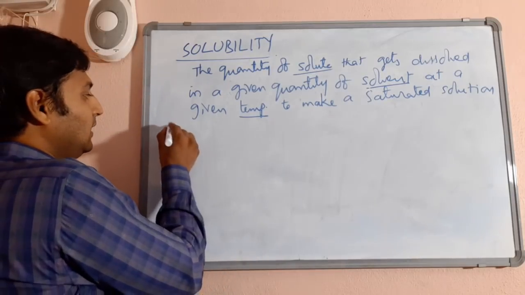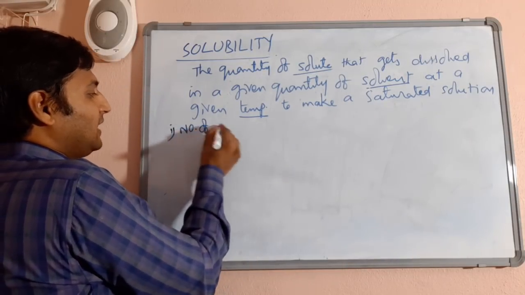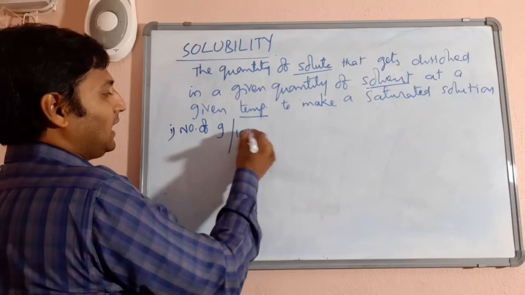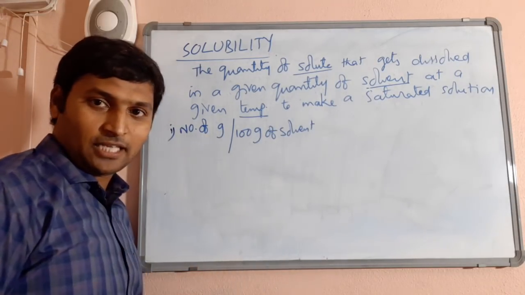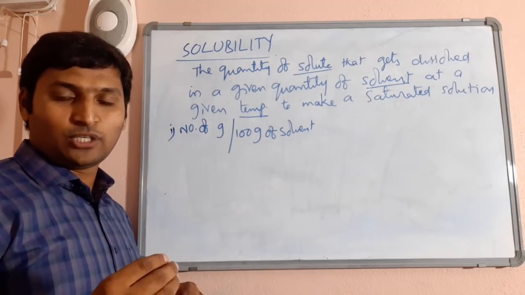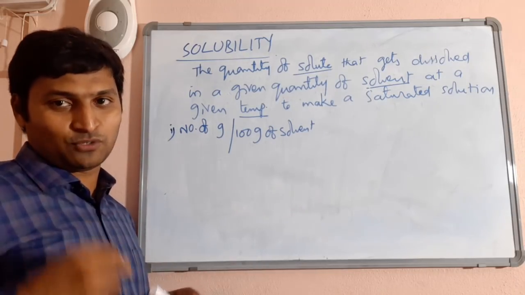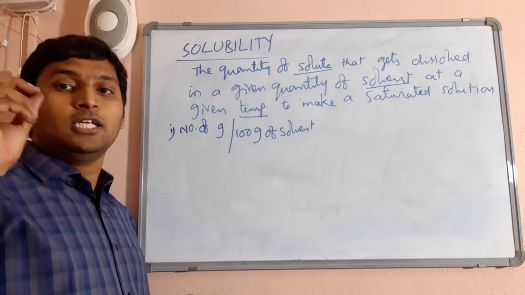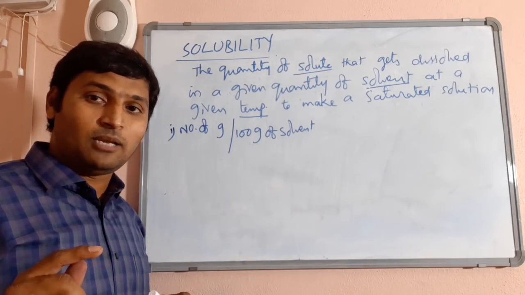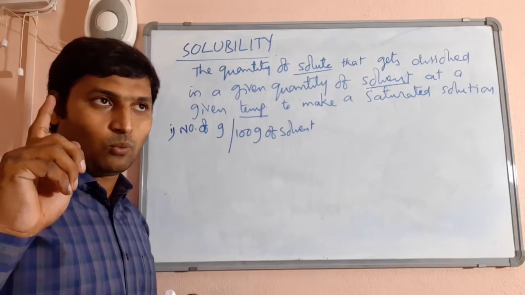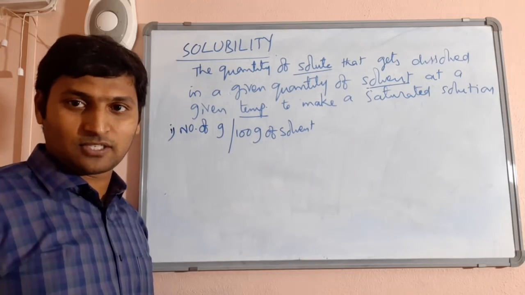That is, number of grams of solute per 100 grams of solvent, means at a given temperature, how many grams of solute can be dissolved in every 100 grams of solvent. Say for example, sodium chloride at 20 degrees Celsius exhibits a solubility of 36 grams.